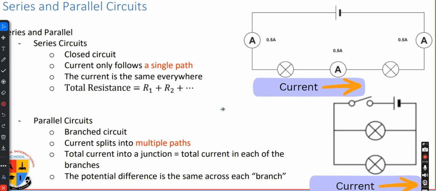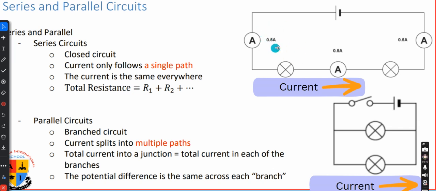Now, in a series circuit, there are a few things that you need to know. We said it's a closed circuit, so it's basically one loop. Current only flows in a single path. The current is the same everywhere. Now that's important. We measure current in amperes or amps.